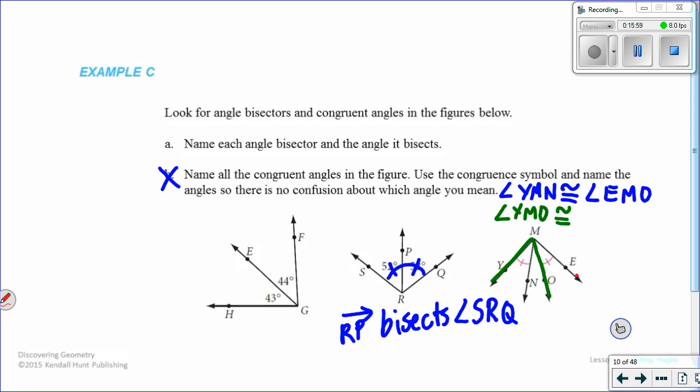Well, couldn't I say it's congruent to EMN? Right? If these two pieces are congruent, and I'm adding this middle piece to each one, really I'm adding the same amount to each one. So I could say that YMO is congruent to angle EMN. So there's another congruence.